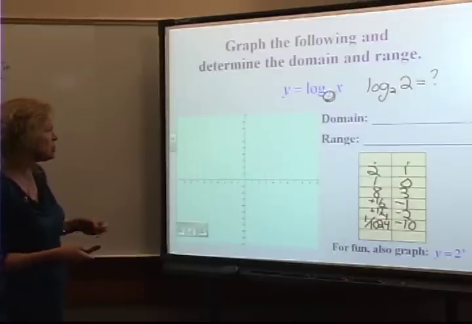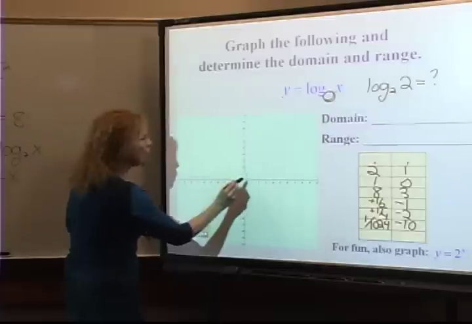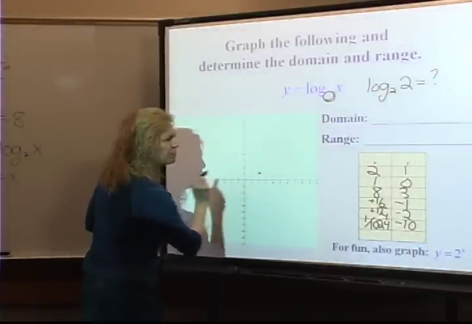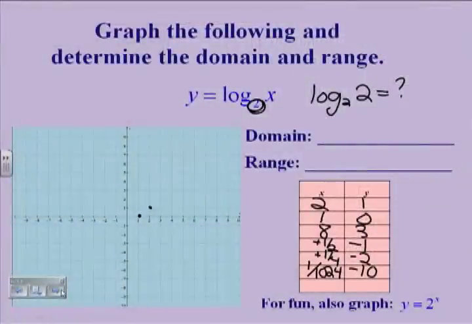And let's just go ahead and plot what we have. We have (2, 1), (1, 0), (8, 3), (1/2, -1), (1/4, -2), and a very tiny, tiny, tiny fraction at y equals -10.